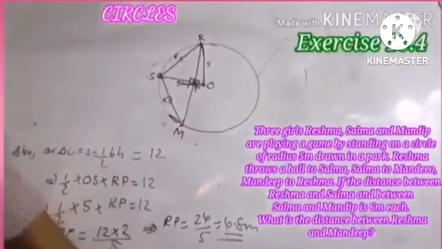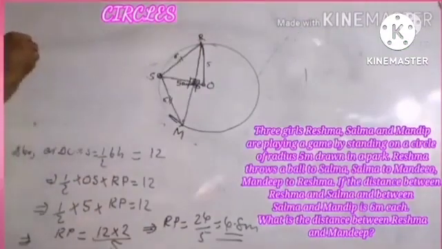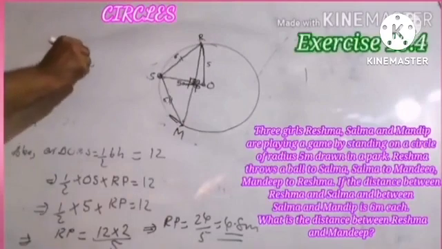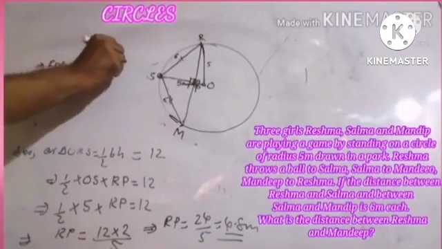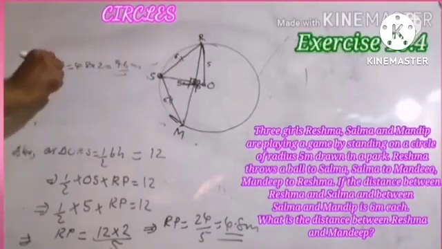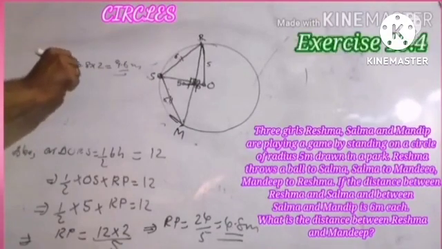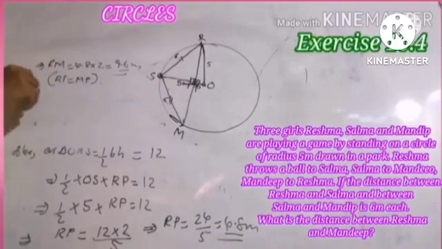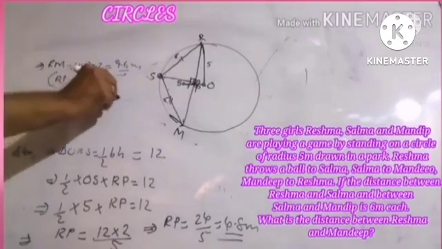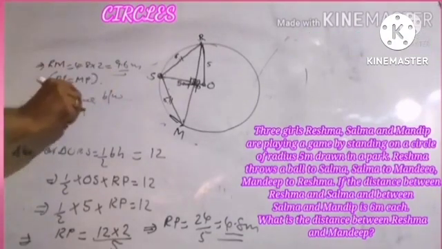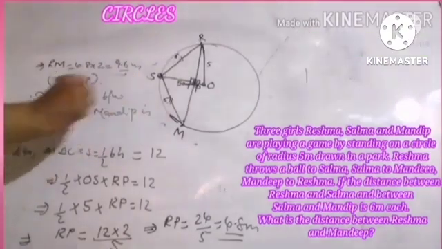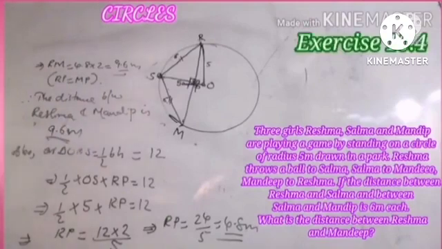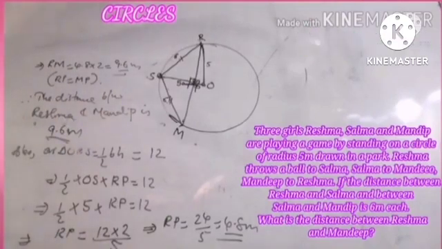The distance between Reshma and Mandir, which implies RM equals 4.8 into 2, double, 9.6 meter. The reason is RP equals MP. Therefore, the distance between Reshma and Mandir is 9.6 meter. Question number 5 is completed.